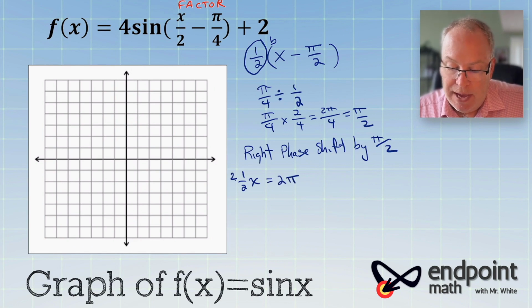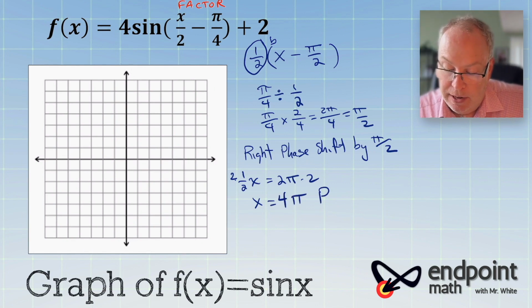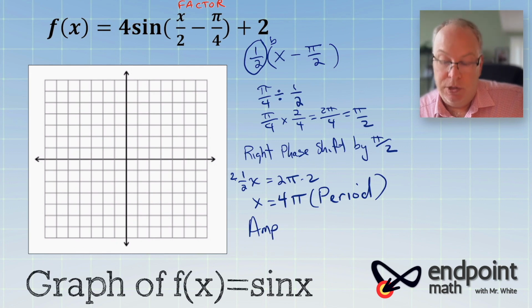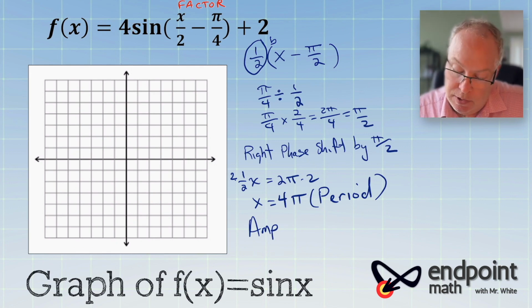You multiply by 2, and you see this is a slow graph. This is the period right here, period of 4 pi. We have an amplitude coming from this number right here, amplitude of 4. Amplitude equals 4.